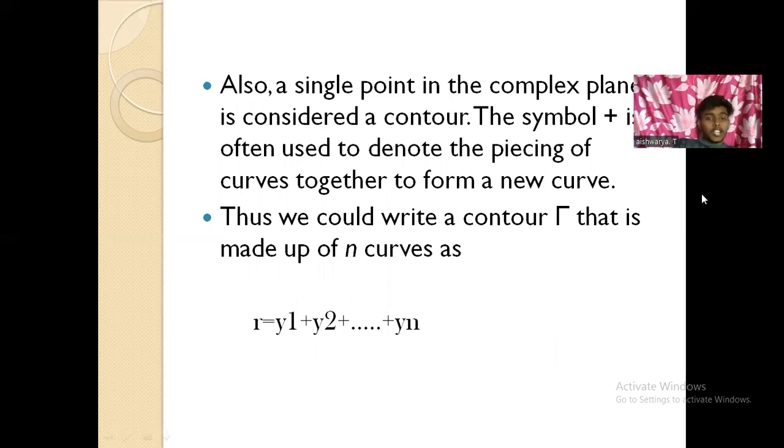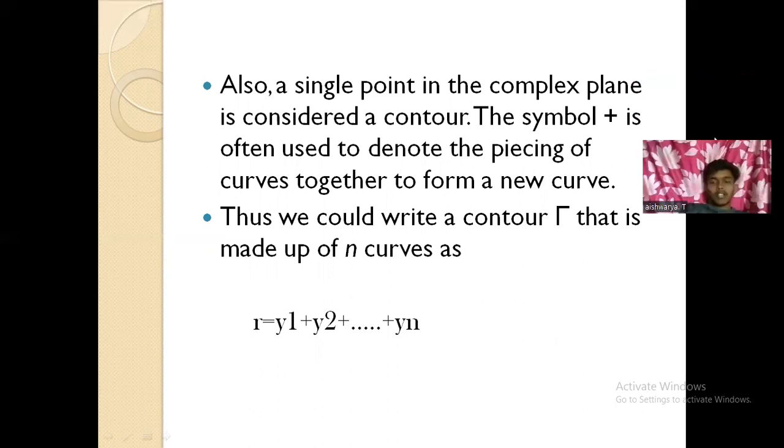Also a single point in the complex plane is considered a contour, and the symbol plus is often used to denote the splicing of the curves together to form a new curve.